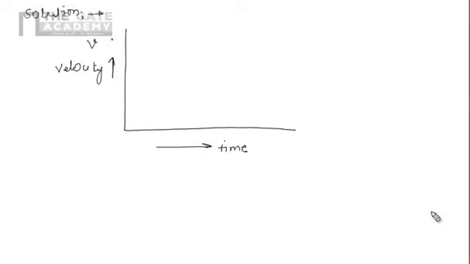According to the problem, the speed of the train increases at a constant rate from 0 to this value v, and then remains constant for an interval, and finally decreases to 0 at a constant rate beta. So this one is the velocity v here, and the total distance is d.